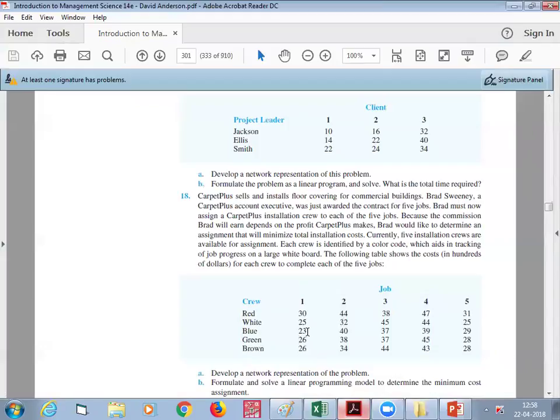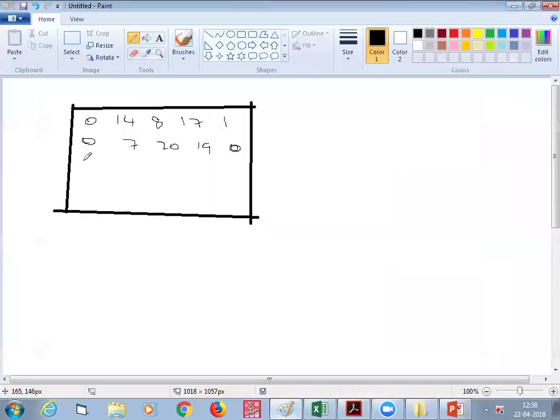Next one, 23. So 0, 17, 14, 16, and 6. Right?